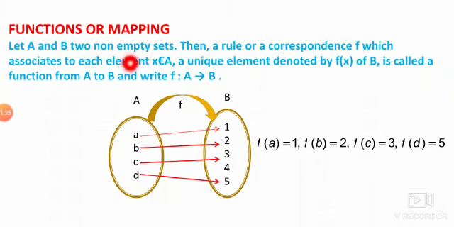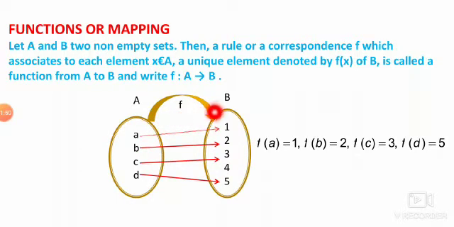My dear students, this definition we can understand better by this Venn diagram. Let A be a non-empty set and B is also a non-empty set. The elements of the set A are a, b, c and d. There is a correspondence between these two sets, f.